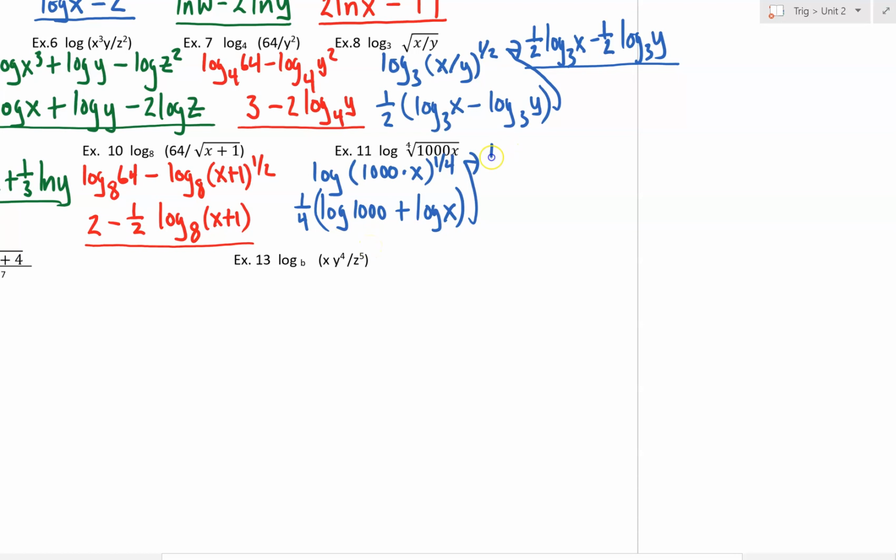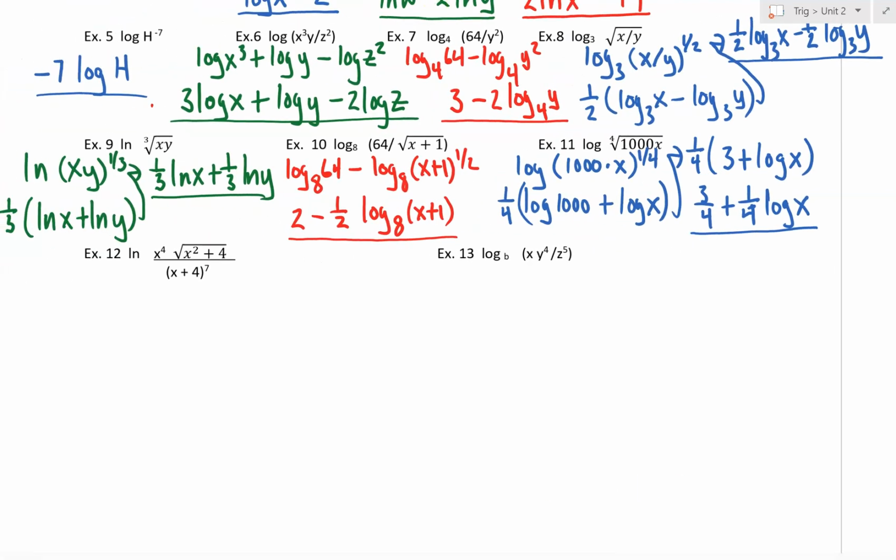So would you agree that this is going to say 1/4 log of 1000? 10 to what power gives you 1000? Well, that's 3. Plus, this one is just log of x. Multiply through. 1/4 of this is 3/4 plus 1/4 log x.